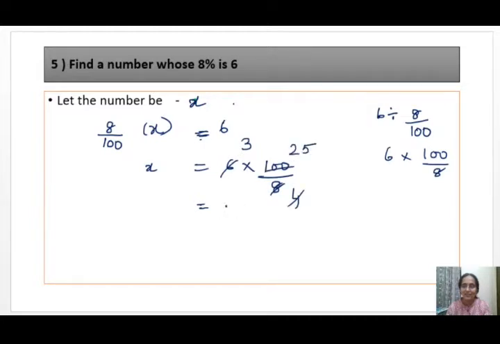You will get 75 as the number. So the number is 75. Write the final answer. The number is 75. You got your answer very easily.